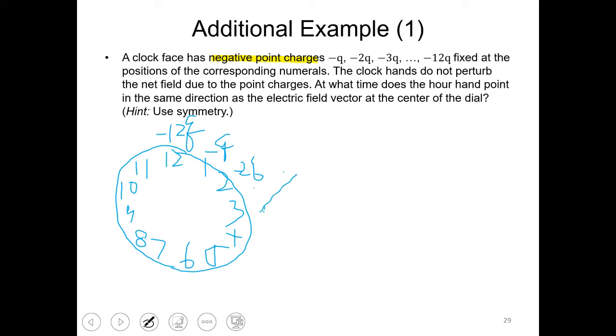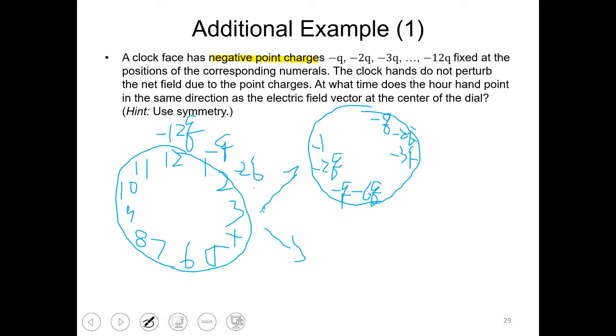So actually, we can separate into two parts. The first one can be minus Q, minus 2Q, minus 3Q, until minus 6Q, and then this one still minus Q, minus 2Q, minus 3Q, until minus 6Q.